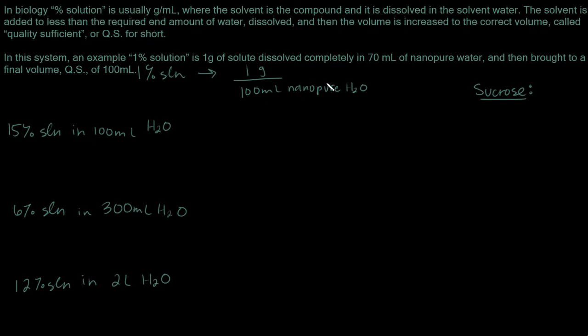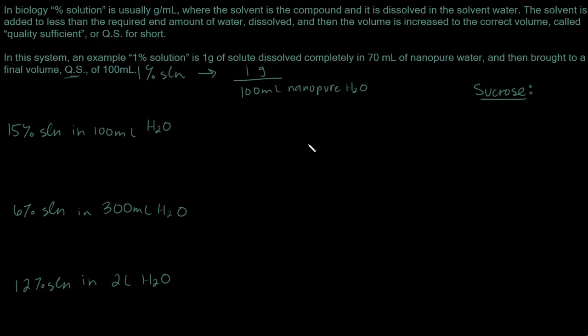So if you have to use a stir plate or a stir rod or a magnet, you use less than the amount of water that you ultimately need to dissolve as much as you can, and then finally you QS up to the required amount. Unless it's said otherwise, you are assuming that this percentage is over 100 mils because percent is per 100.